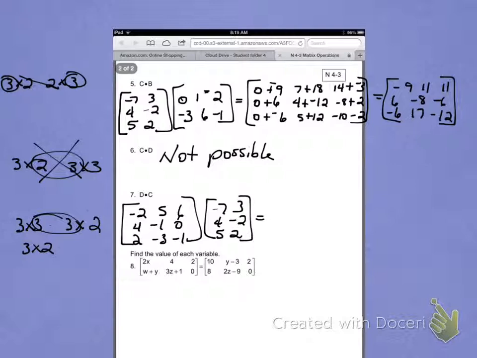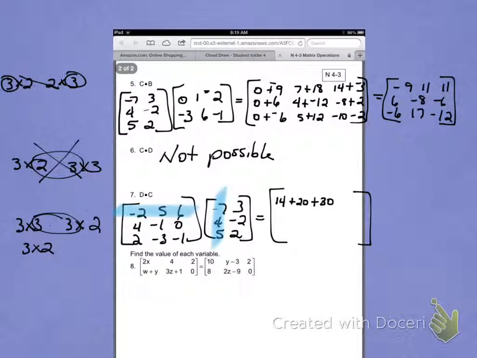Okay, so here we have our answer matrix. I'm going to try to show some work. 2 times negative 7 is 14, plus 5 times 4 is 20, plus 6 times 5 is 30. Going row times column. I'm just going to mark this one time. We've gone row by column.